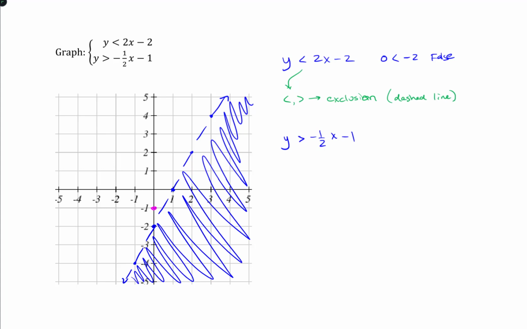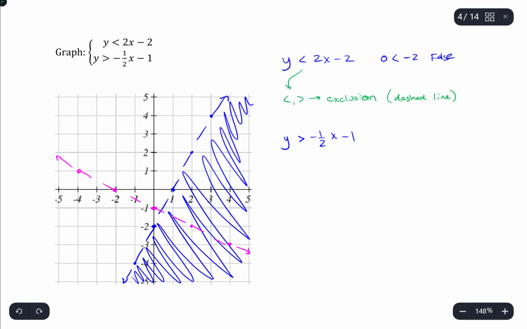So I would go down 1 over 2, down 1 over 2, or up 1 back 2, up 1 back 2, and I'll get a few points here. Now, the next thing is this is just greater than, so again I would use a dashed line.